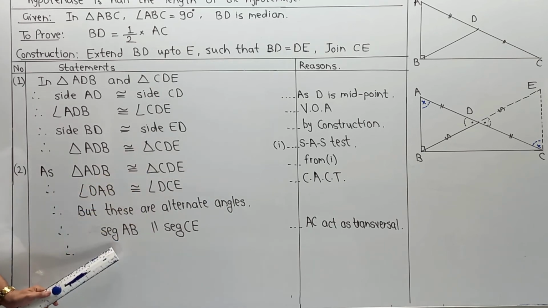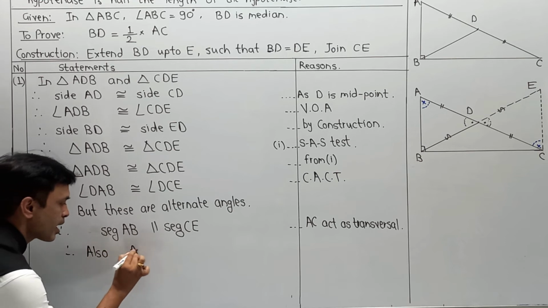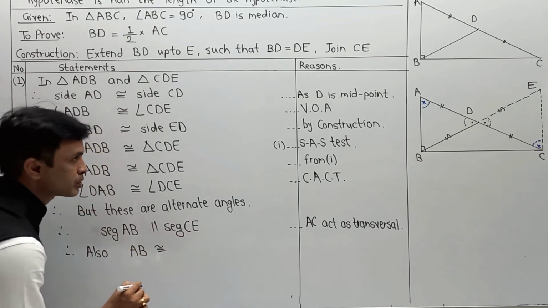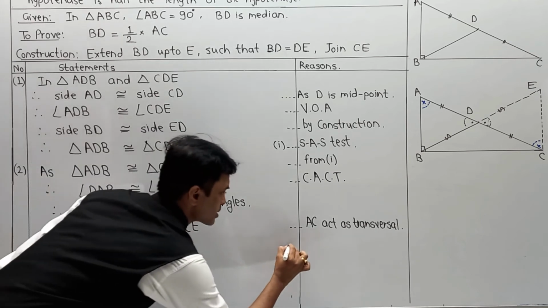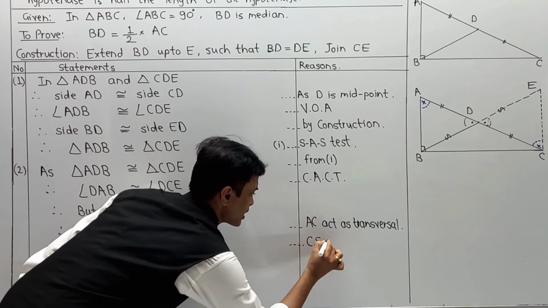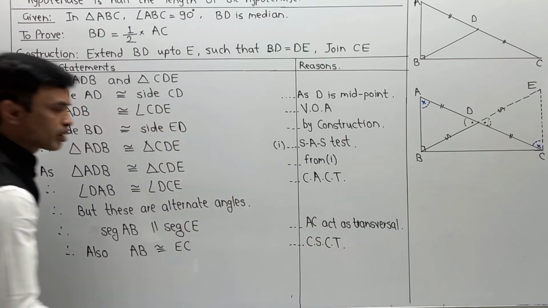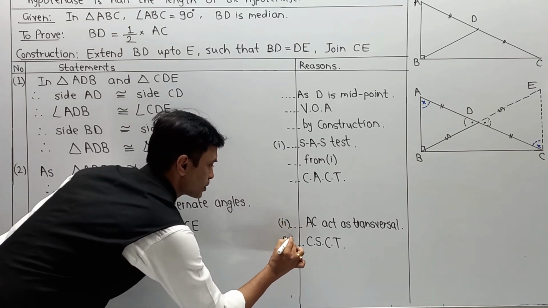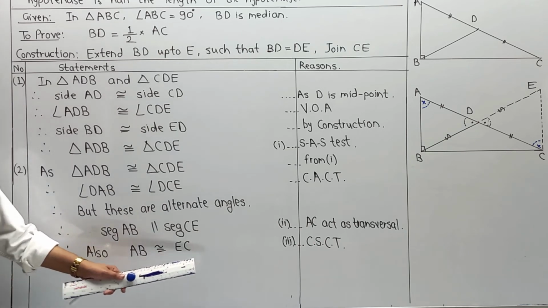Now next part, AB is equal to EC, and also AB is congruent to EC, and the reason is corresponding sides of congruent triangles. We have done two parts, so I am going to give it as equation number 2 and equation number 3. And in this way we are using AB is equal to EC.